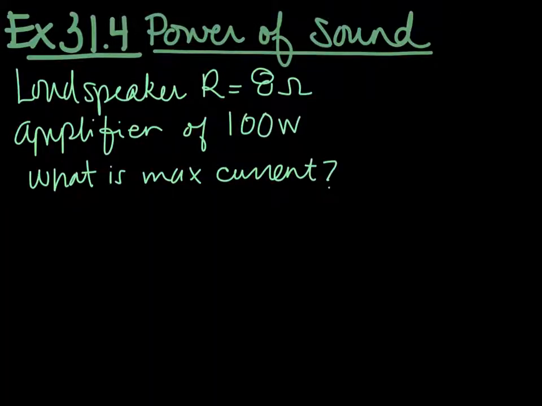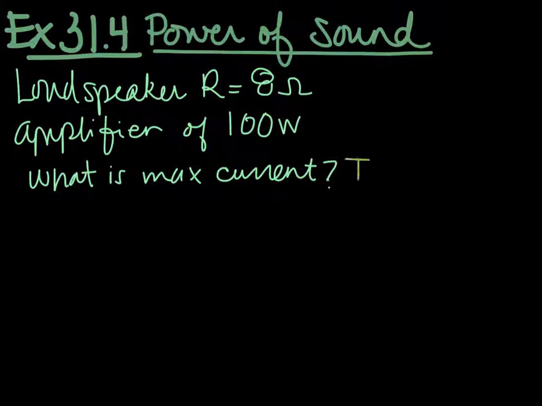Okay, so utilizing these formulas, we have a loudspeaker. The internal resistance of the loudspeaker is 8 ohms. The amplifier it's connected to has a power output of 100 watts. We want to know what the maximum current is through this speaker.